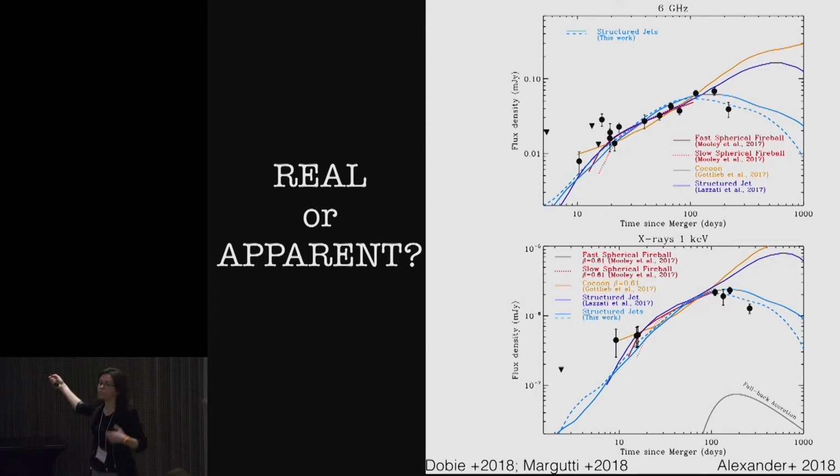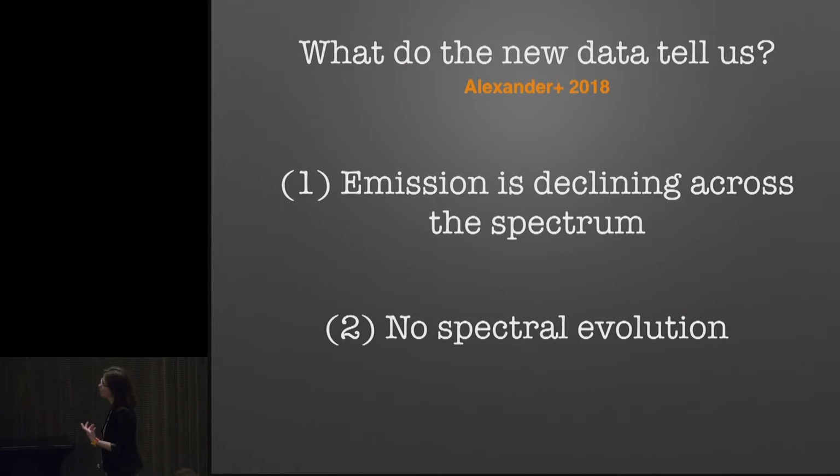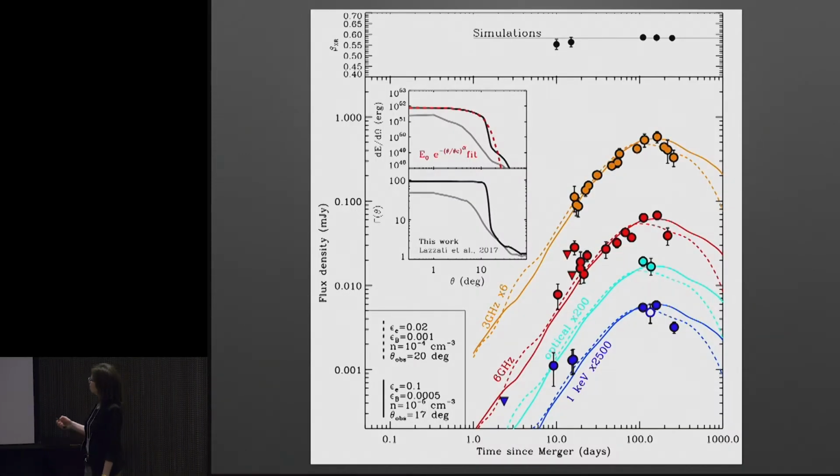Our jet models, and in general models with jets, would predict a decay. So what are the two things that we saw in the data? The emission is indeed declining. Right now, we have strong evidence that the emission is going down across the spectrum. The second thing, as I showed you before, is that it is always the same power law, so no spectral evolution. So our two key predictions are actually satisfied by the data.